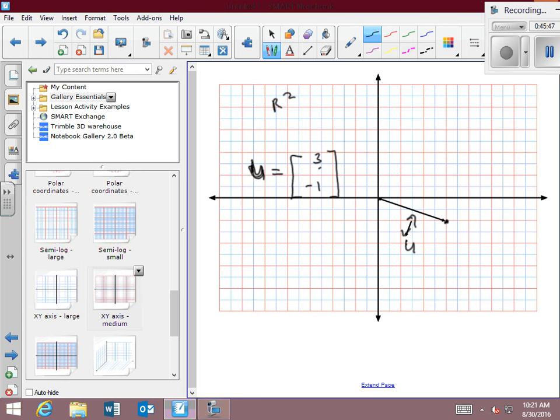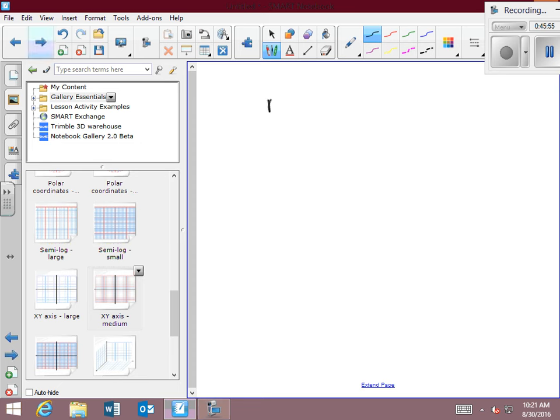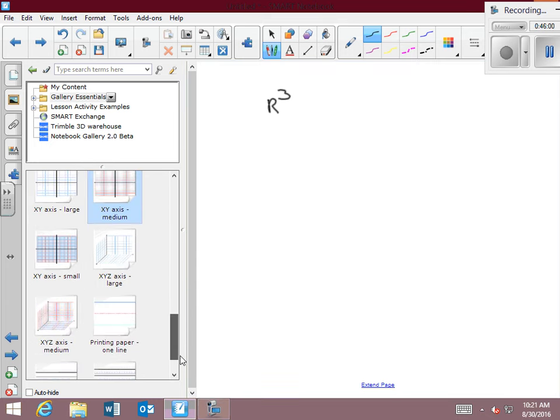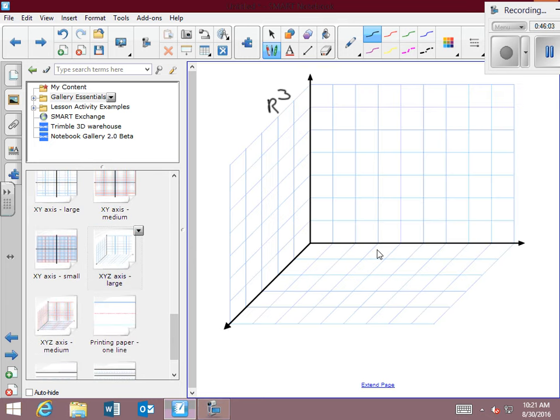Well, now if you're in R3, then you're in that three-dimensional space. So then each vector is going to be a three-tuple, like they're talking about R3 on page 27. Let's see whether we can do that.